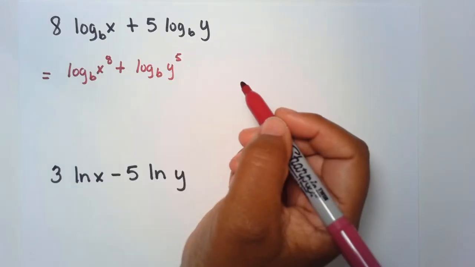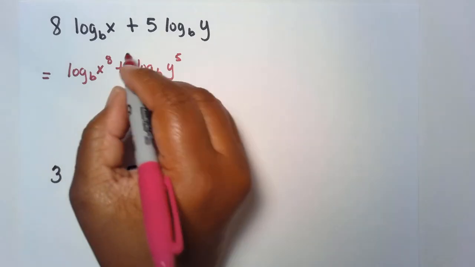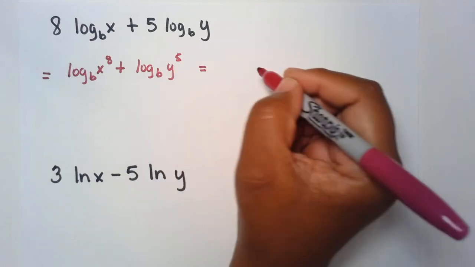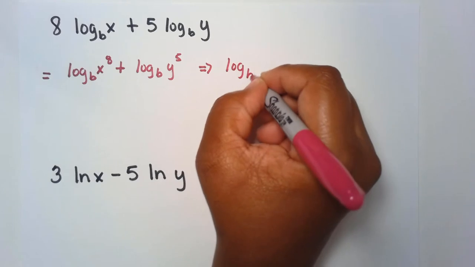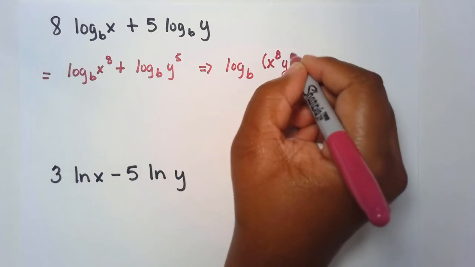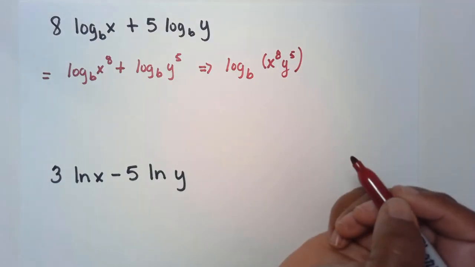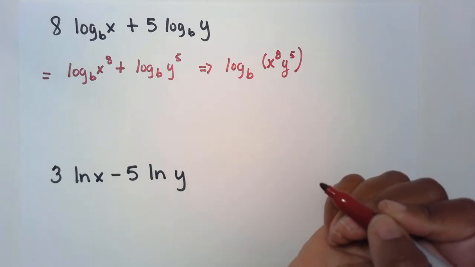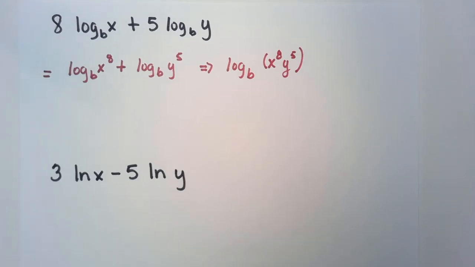And just like the previous example, because this is an addition sign between each log, we're going to use the product rule, meaning we're going to multiply the logs together. So our solution, we have log base b of x to the 8th, y to the 5th. And there we go. Now you can write it with or without the parentheses, but these are together. The x to the 8th, the y to the 5th.